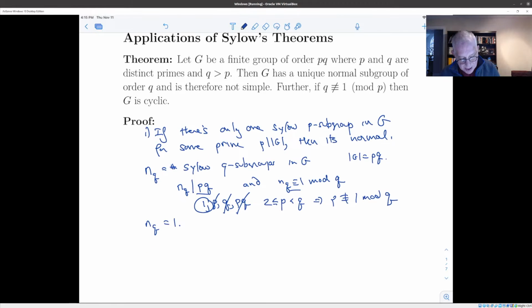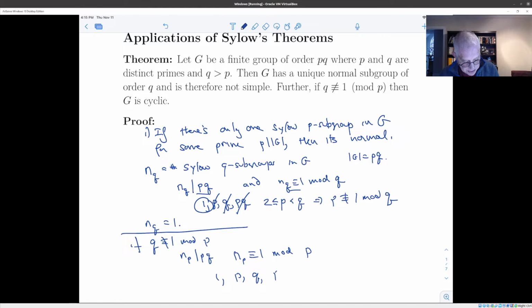For the second part, suppose that q is not congruent to 1 mod p. We do the same argument, but for np. The possible values for np are 1, p, q, and pq. p is not congruent to 1 mod p, and pq is not congruent to 1 mod p.